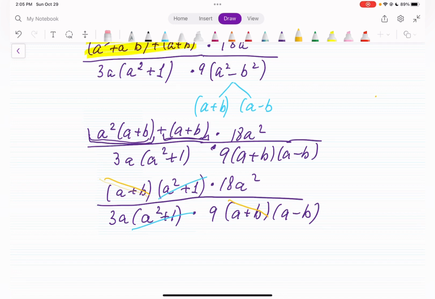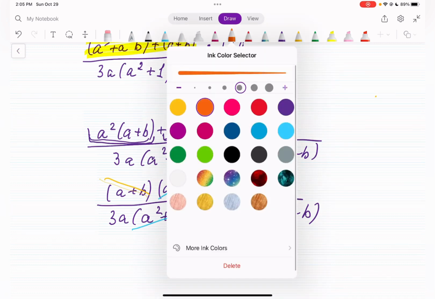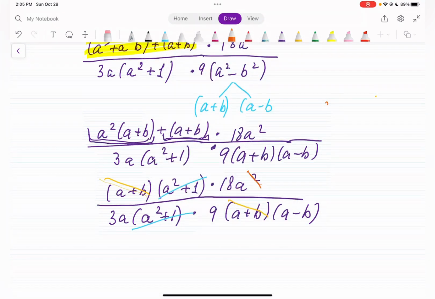Next, I can cancel here a squared and a, because this is 1, right? A squared divided by a is a to the power 2 minus 1, which is a. Therefore, I scratch the 2, but a survived.